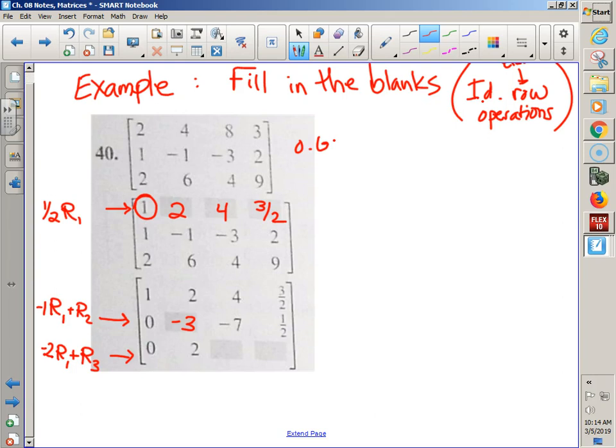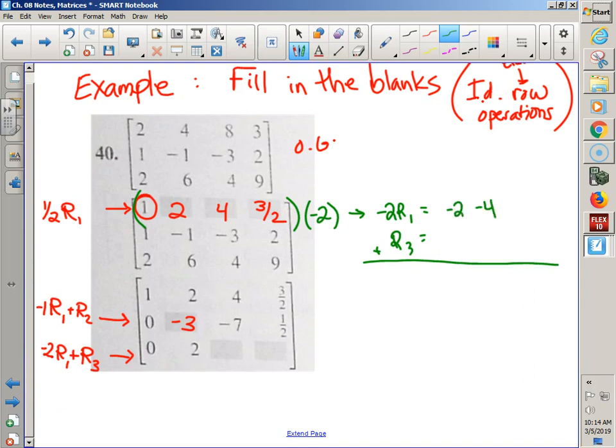Now for my non-mental mathers, you're like, that's a lot of math. I need to multiply this whole guy by negative 2. You could do this off to the side. So you could say negative 2r1 plus r3. You could actually set this up. If I multiply r1 by negative 2, that'd be 1 times negative 2, 4 times negative 2, and 3 halves times negative 2.